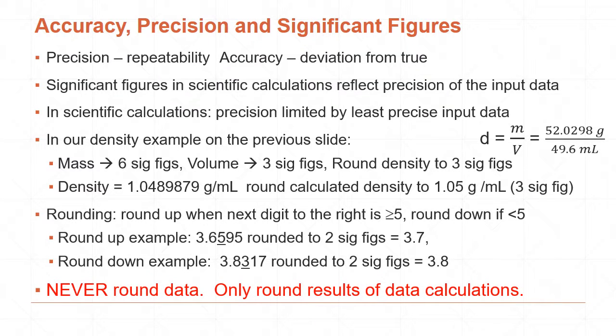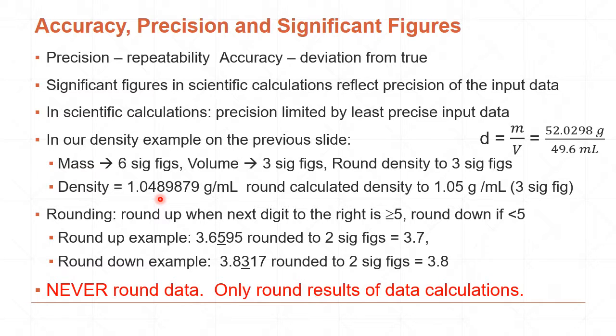Now we talk about rounding. Again, this should be a review, but the way you do rounding is to go out to the last decimal place that you'd like to keep and go to the next one over. So for example, when I'm rounding this number, 1.04898879, I know that this digit, the hundredths place, is the last one I intend to keep. So in rounding, I'm going to look at the next one.